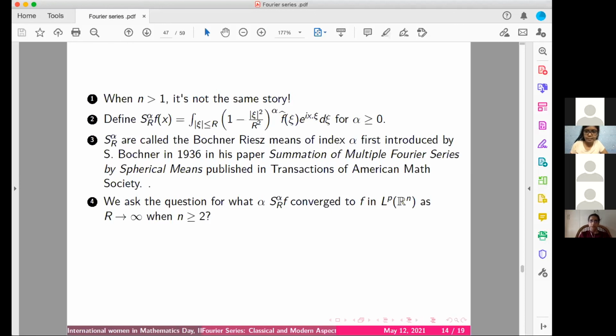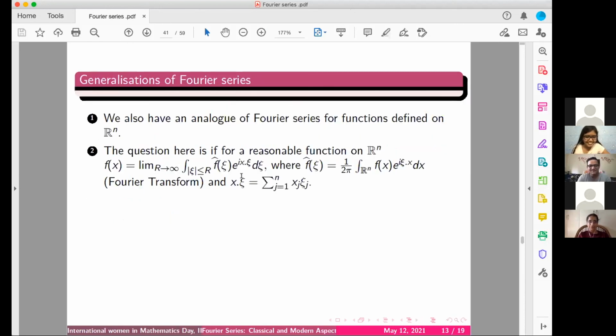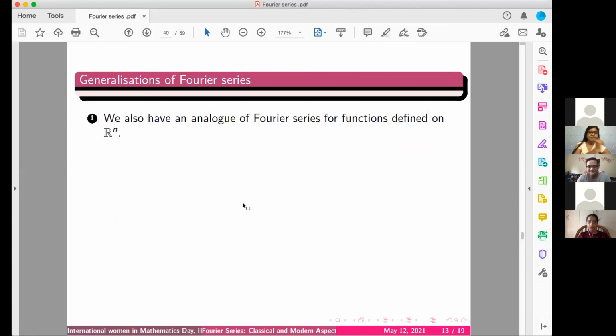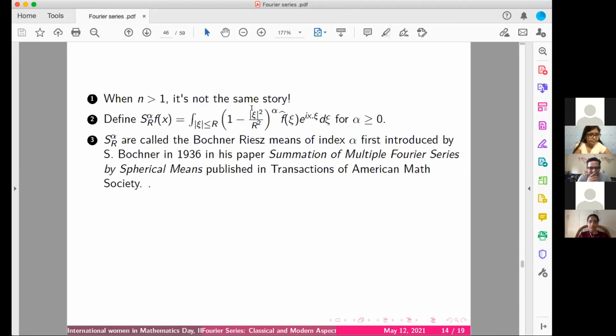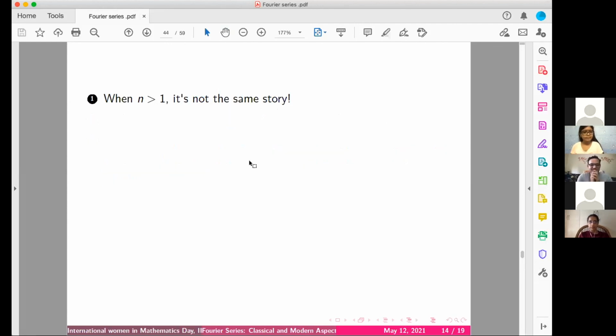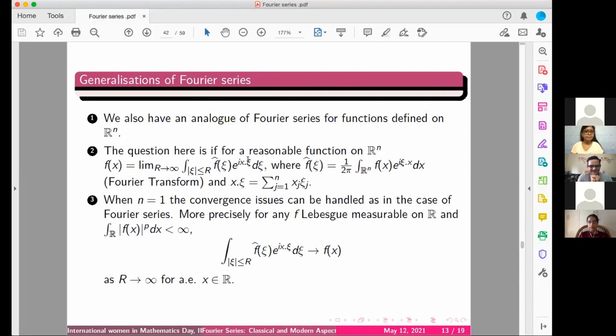Is there any other question? Yes, what is psi in slide 14? Let me see, 14. This one? Okay, this is a variable in Rn. Like I told you, in Rn the Fourier transform becomes a function, whereas on the circle or the interval it was a sequence.